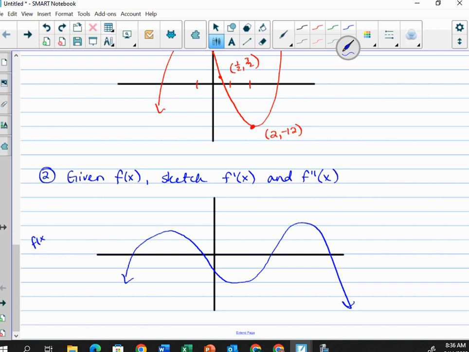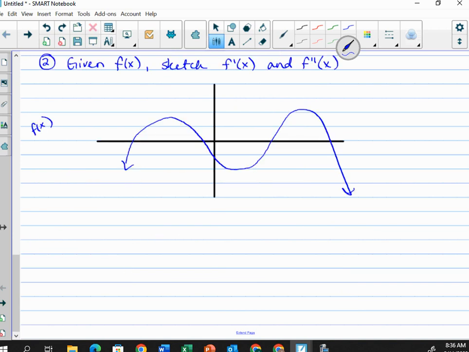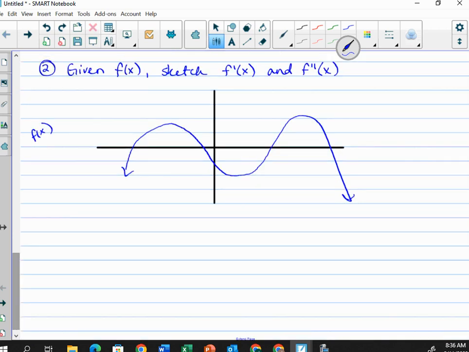That's f of x. And obviously it's not going to be perfect. I'm not going to give you any points, just the general shape there. Okay. I'll give you some time. You just got to think. Different colors actually help on this so that you don't get lost in all of your graphs at the end.